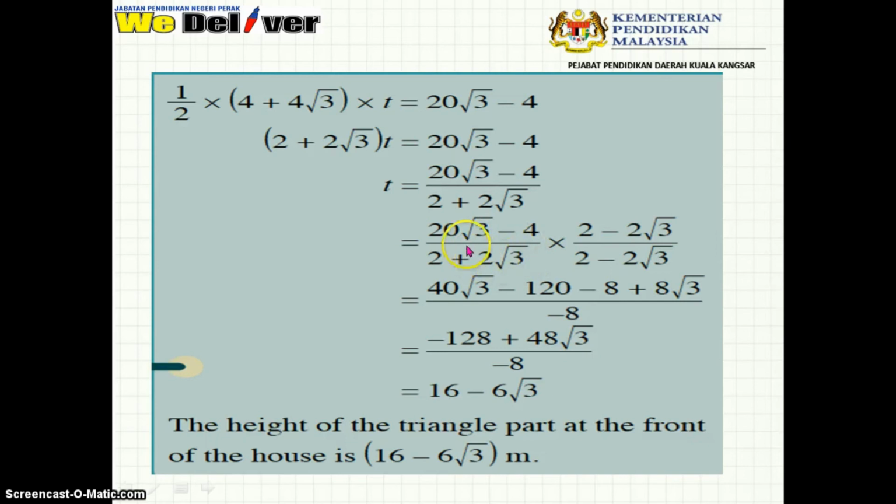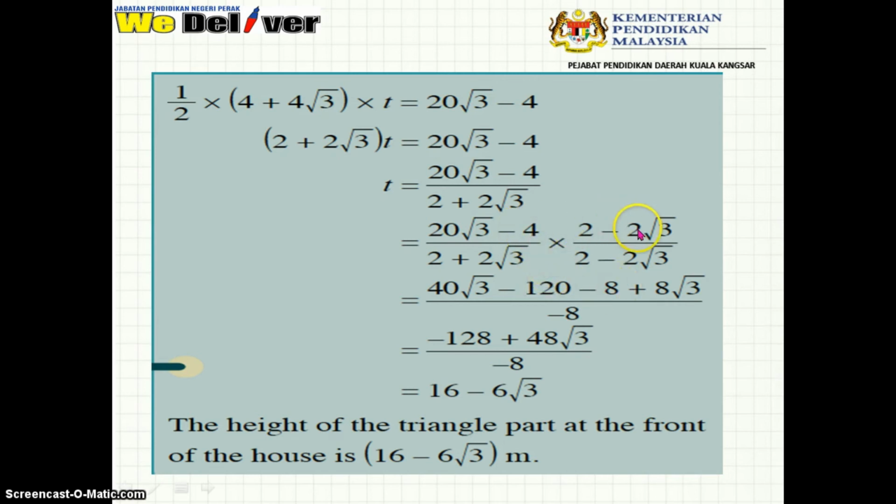Okay, and then we multiply 20 surd 3 times 2, 40 surd 3. 20 surd 3 times negative 2 surd 3. So 20 times negative 2, negative 40. Surd 3 times surd 3, 3. Negative 40 times 3, negative 120. Negative 4 times 2, negative 8.